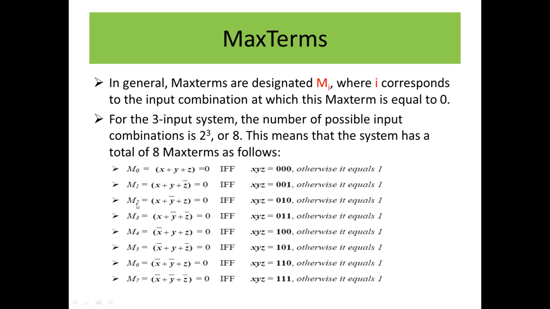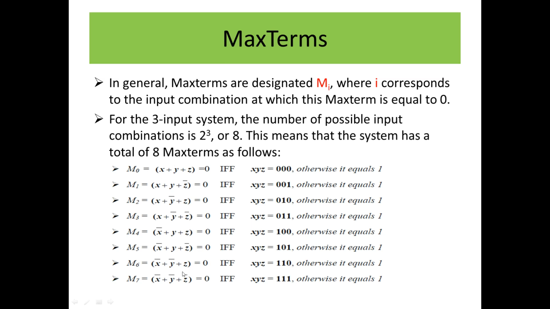How do you represent 2? That is 0 1 0 in binary, so in Maxterm, x plus y bar plus z. Similarly up to M7, that is 1 1 1 in binary, represented as x bar plus y bar plus z bar.